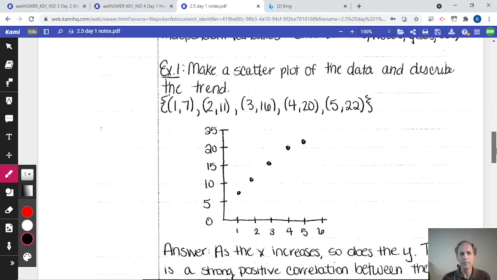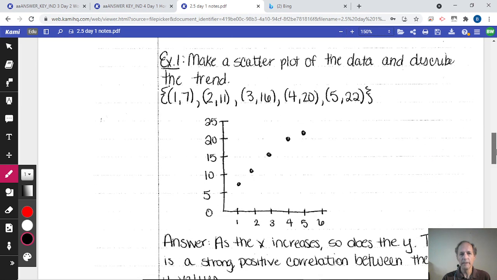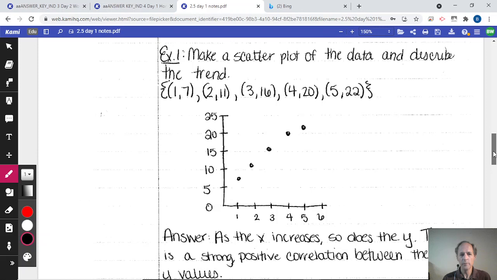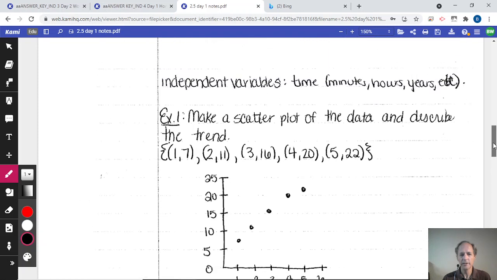Here's an example. It says make a scatter plot of the data and describe the trend. So this data is just numbers. We don't really care what it stands for or what it means, but we're going to do this example. So, I don't want to show the answer yet.